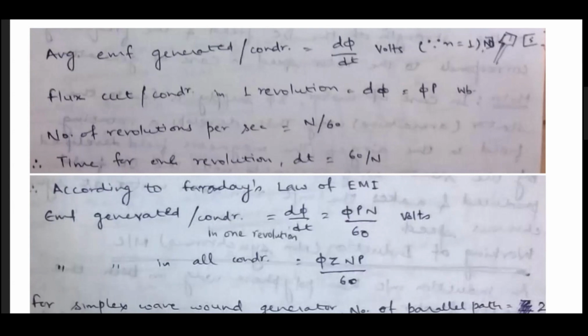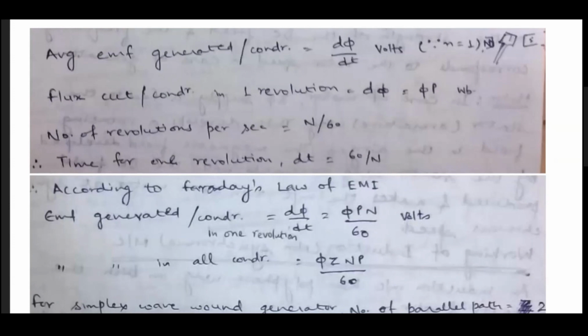Now, since EMF is the cutting of flux per unit time, let the flux which is cut per conductor in one revolution be d phi.